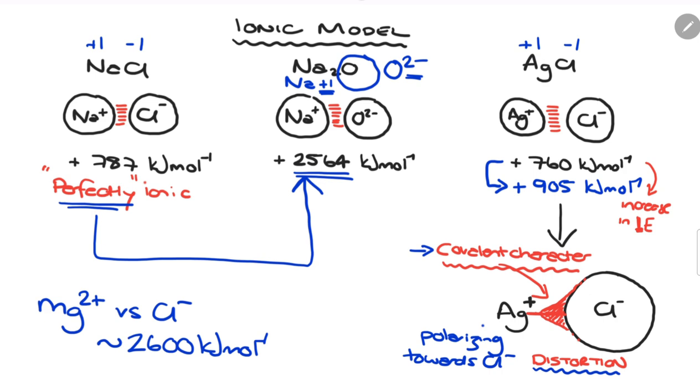And so you can see that the size of the lattice enthalpy can change based on the charges of the ions in the ionic lattice, and it can also change in a slightly surprising way by this additional type of bonding, as we spoke about at the start of this clip, caused by distortion and this introduction of covalent character.